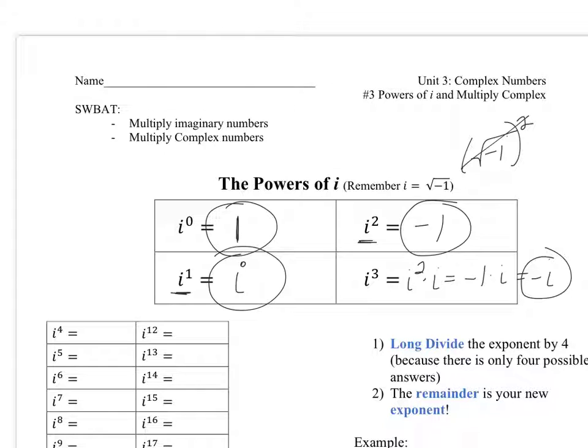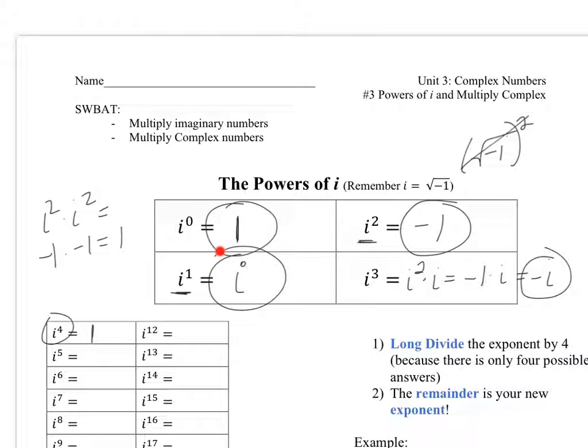Because once you get to i to the 4th, that's i squared times i squared. Well, what is i squared times i squared? -1 times -1, which is a +1. Now you could continue going through this, but I just came right back to this answer.